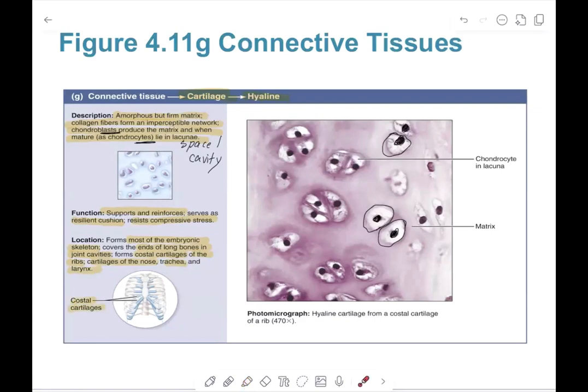And as we begin development, most of the embryo is going to be cartilage. But then certain parts of that developing embryo and then fetus are replaced by bone. But as adults, we still have hyaline cartilage in certain parts of the body. So the chondrocyte, the mature cartilage cell, is in a lacuna, which is a space or a cavity. So we're going to see the same thing when we get to bone cells.